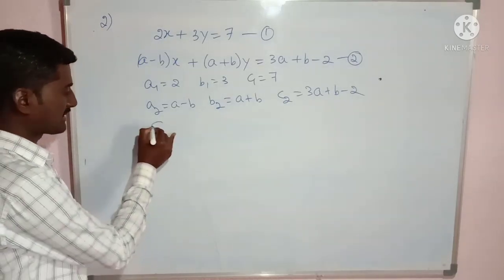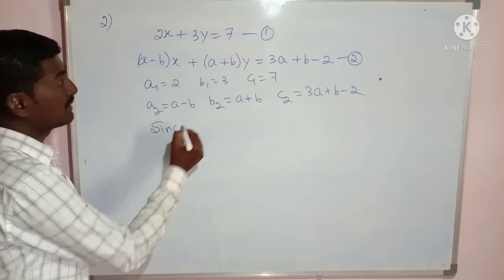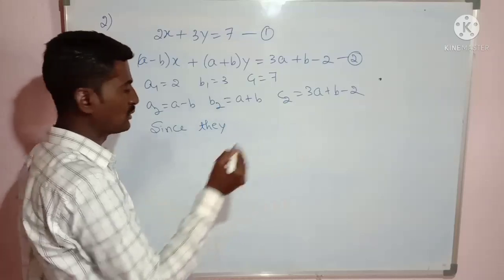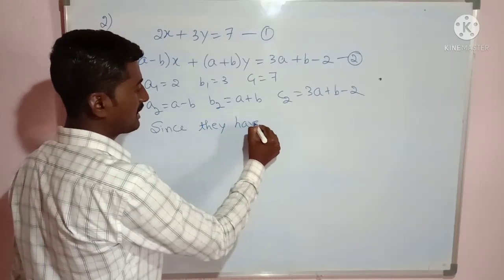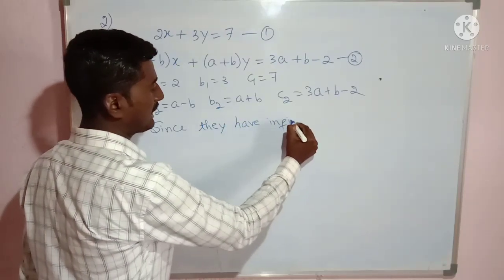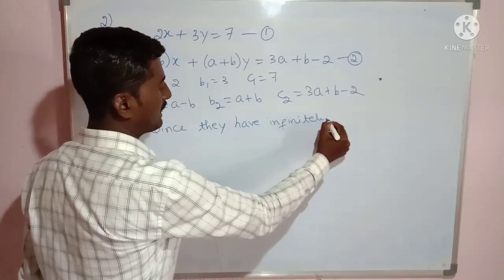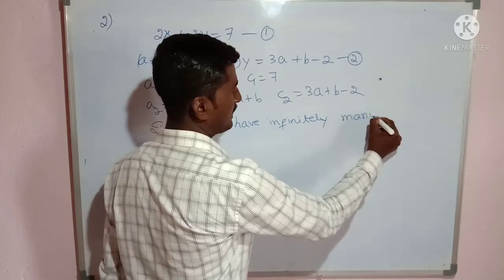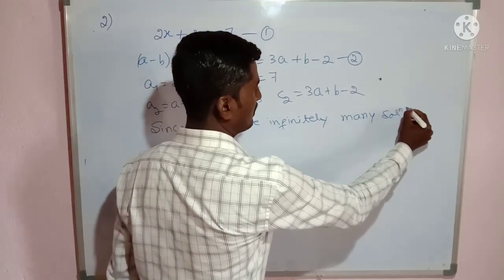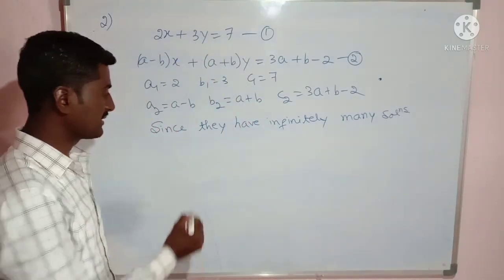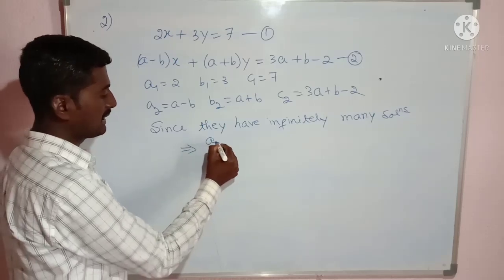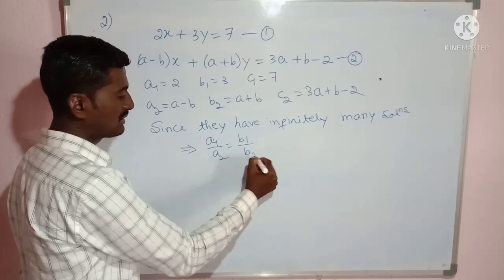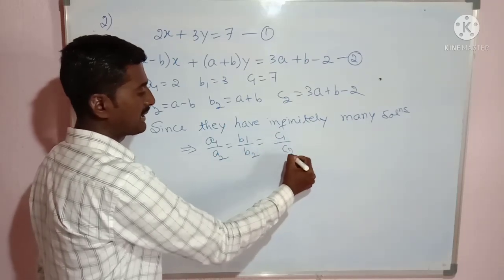Okay. Since they have infinitely many solutions, now I can write this implies a1 by a2 is equal to b1 by b2 is equal to c1 by c2.